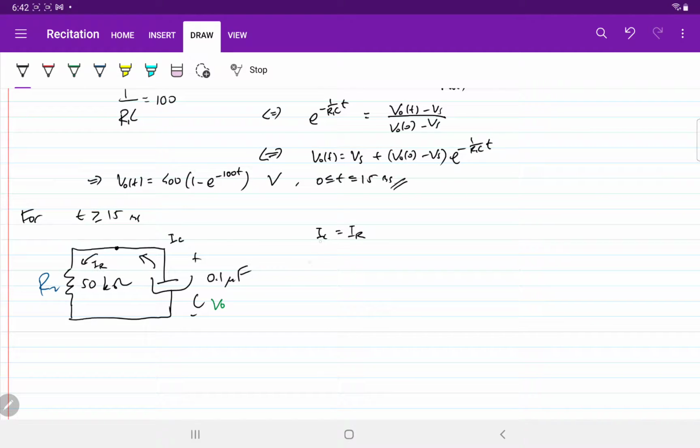But IC is minus C dV0 over dt, equals IR, which is V0 over R2.